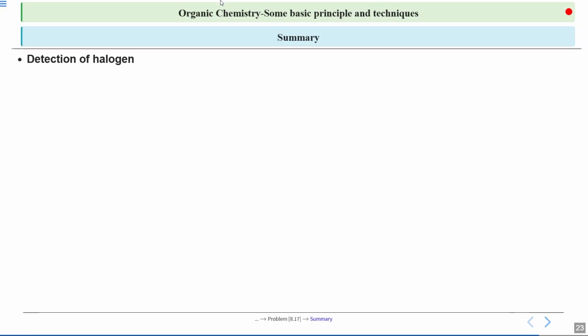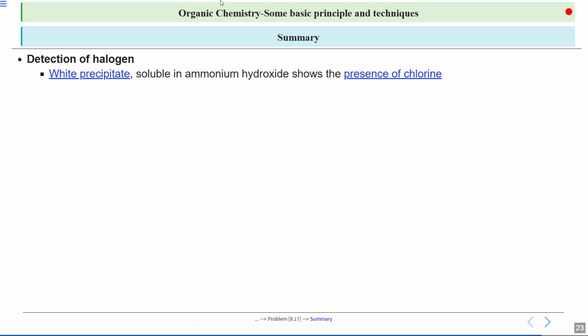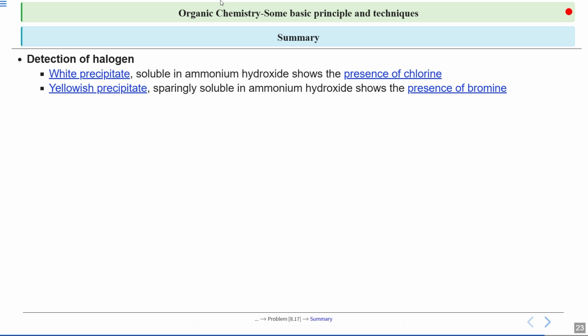Next, we talked about the detection of halogens according to the test. Starting with chlorine detection: whenever we see a white precipitate which is dissolved in ammonium hydroxide, then the given halogen is chlorine. Then if you get a yellow precipitate and the yellow precipitate is sparingly soluble in ammonium hydroxide, not completely soluble, you would say that there is the presence of bromine.